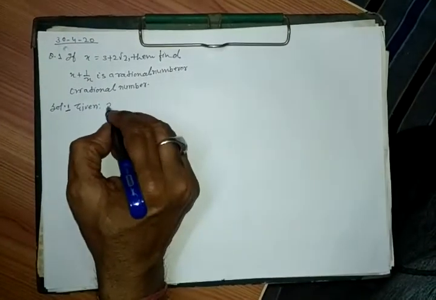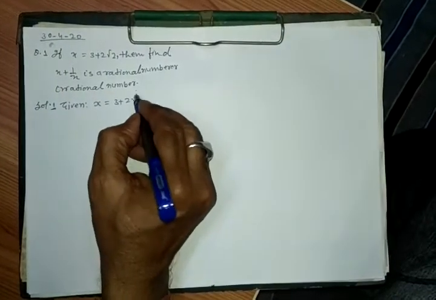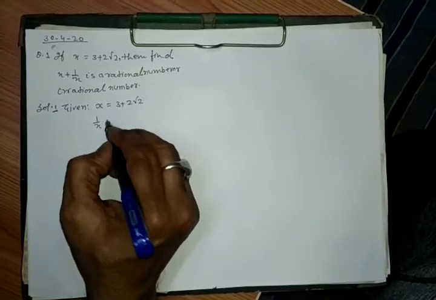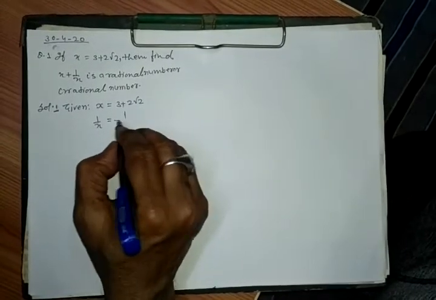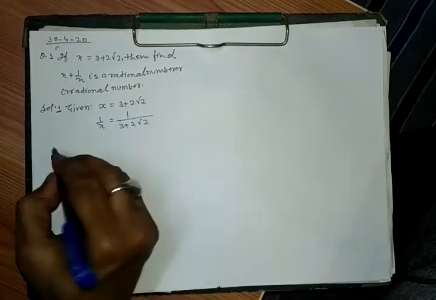Given x equals 3 plus 2 root 2. Now 1 upon x equals 1 upon 3 plus 2 root 2.